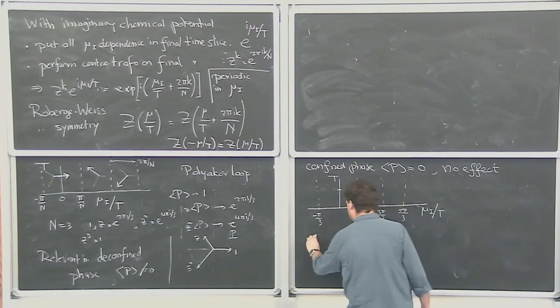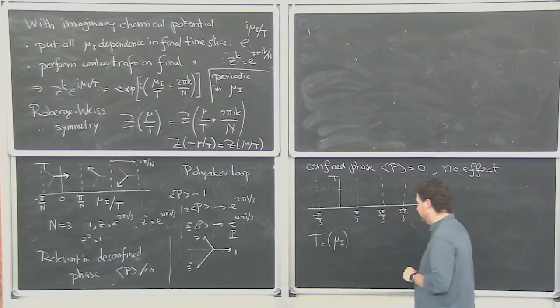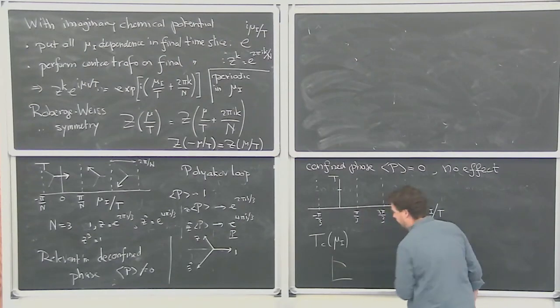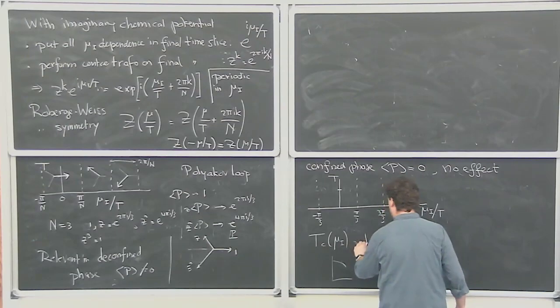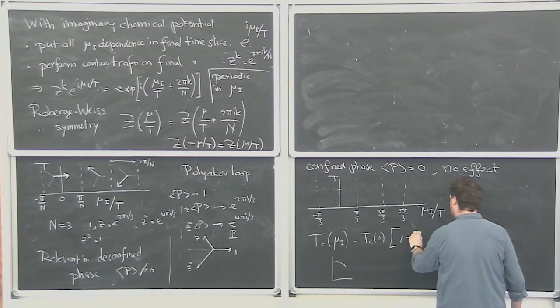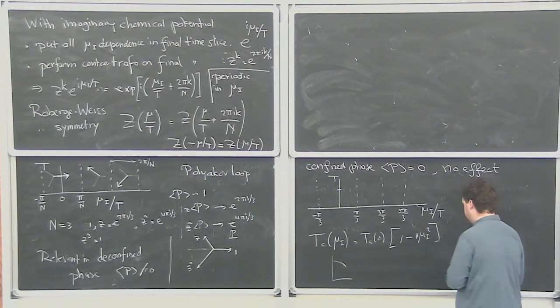How does Tc depend on imaginary mu? Well, we saw that for real mu, the phase boundary curves downward. For imaginary mu, it's a function of mu squared, so this will be Tc at 0 times 1 minus mu I squared with some coefficient.